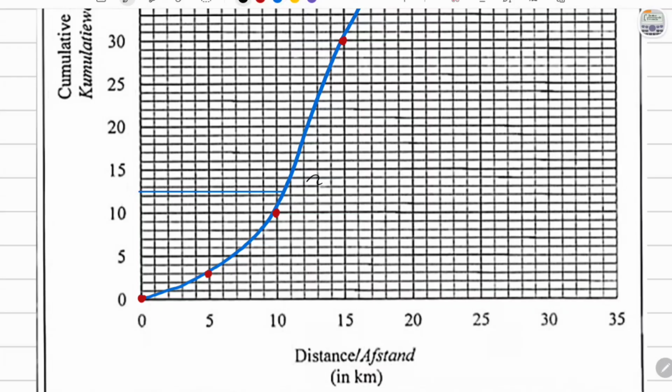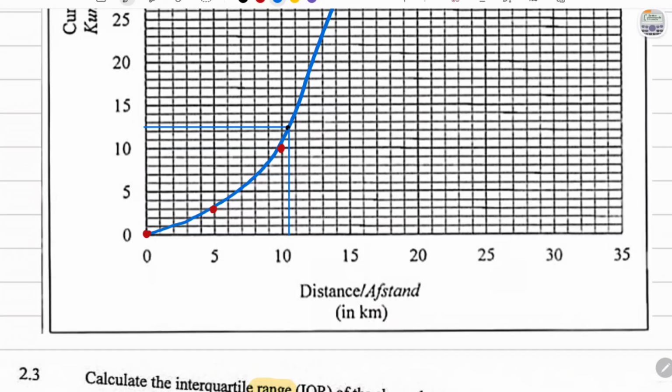And once it hits that spot there, you're going to go down. And you see that that number is about 10.5 because this is also in intervals of 1. So 10, 11, 12, 13, 14, 15. So that is 10.5. So when we answer, we'll say Q1 is equal to 10.5 kilometers.